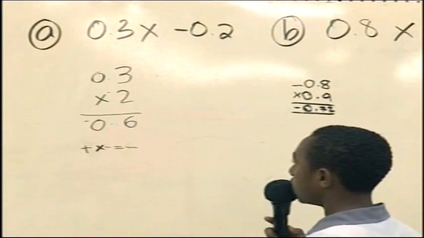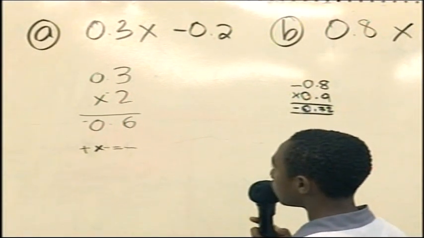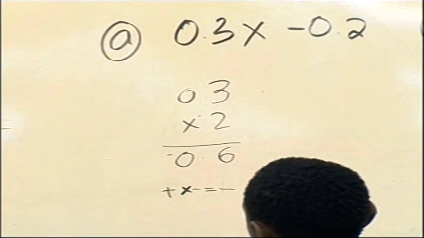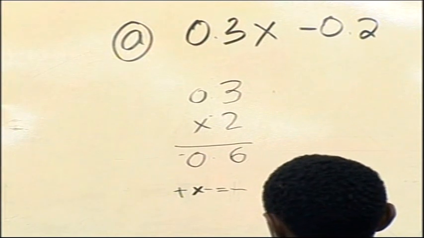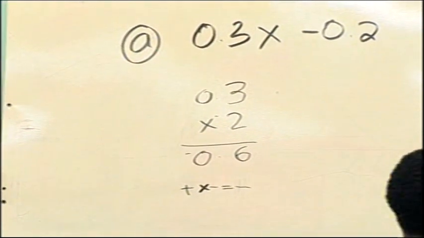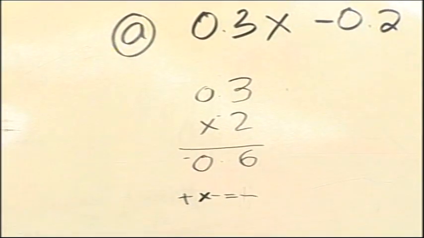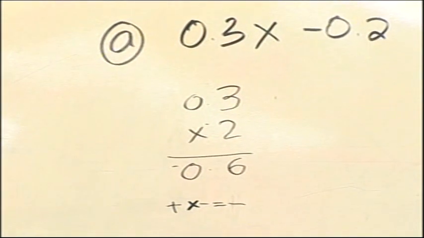And 2 times 0 equals 0. The answer is negative 0.6. Okay, thank you. The next one, exercise B.